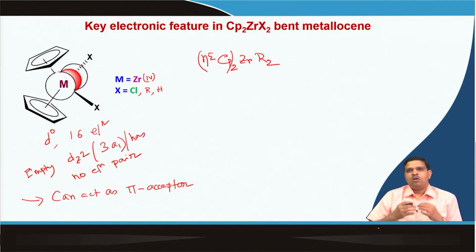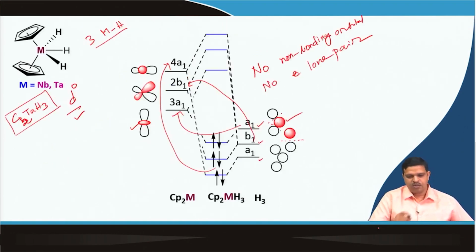Now, why does it react with ethylene? This is the fundamental question you have to understand, how? Because for that you have to understand this molecular orbital theory. Fine.